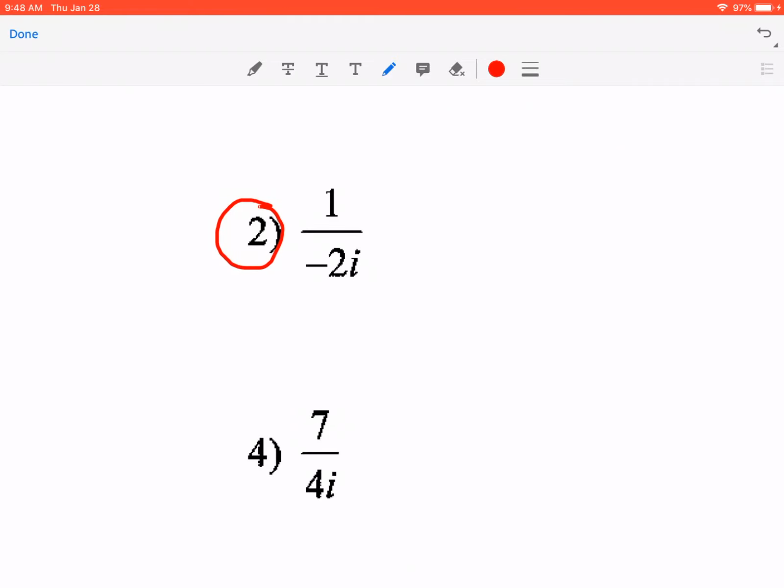Remember, you cannot have an imaginary number as a denominator. So you have to multiply it by its conjugate to get rid of it. So what gets rid of a -2i on the bottom? Multiply it by a 2i. Now if you multiply the bottom by 2i, top is exactly the same.